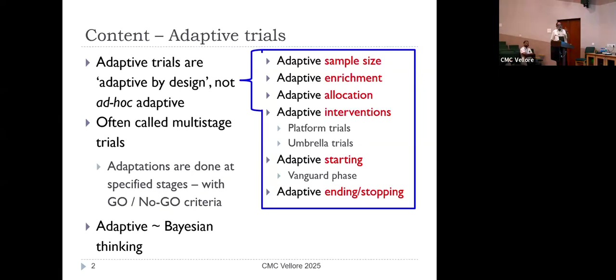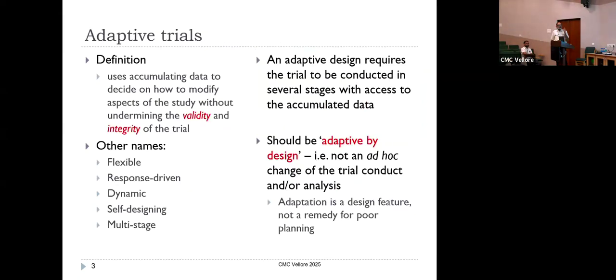So let's look at some of these adaptations, where they come from. By definition, adaptive trials are ones that use the data that you've accumulated. So they're using information that you've accumulated to decide how to modify some aspect of the study. But you don't want to undermine the validity of the trial, and you don't want to affect the study integrity. So it becomes tricky sometimes to do so.